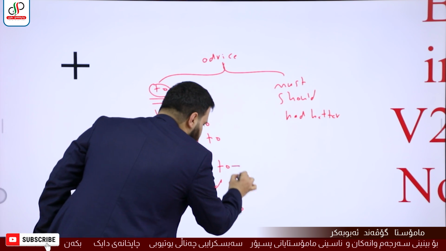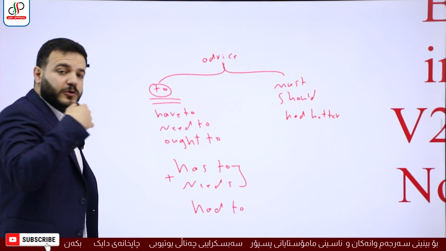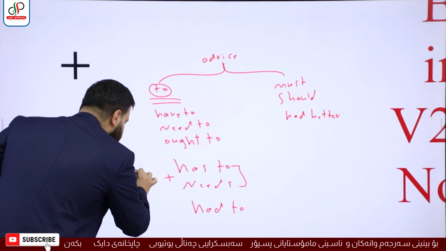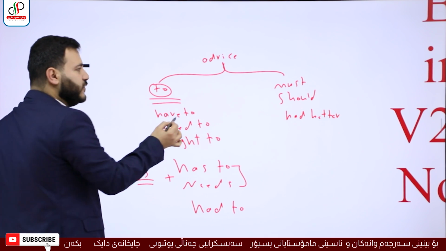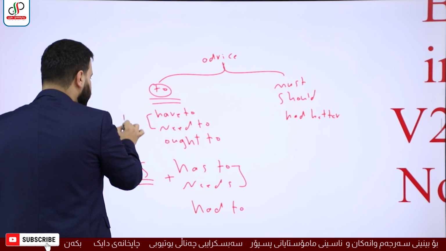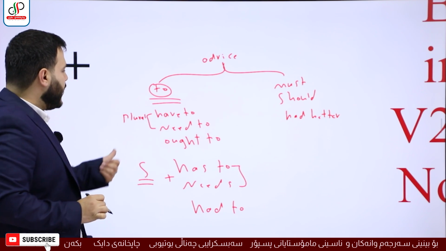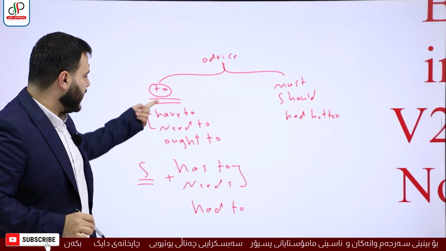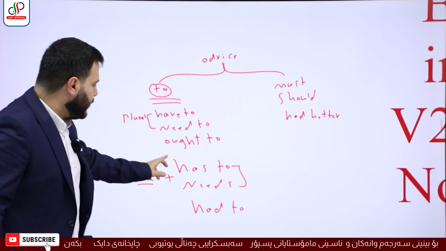Has to for what? We use has to and needs to for singular subjects. And have to and need to for plural subjects. Here we have the plural subject, then have to, need to, ought to. How about has to and needs to?